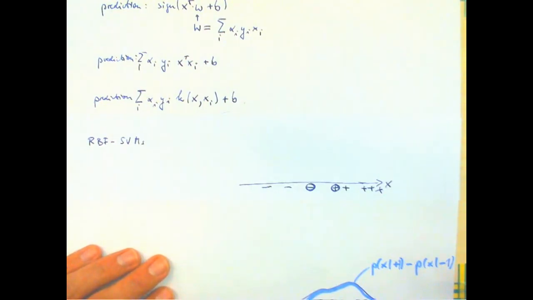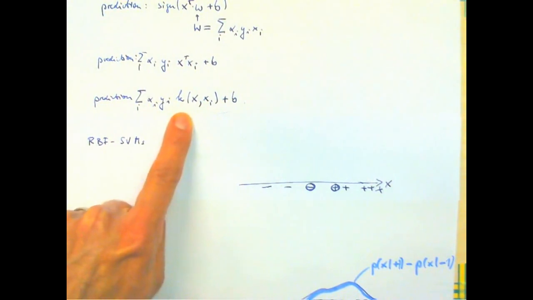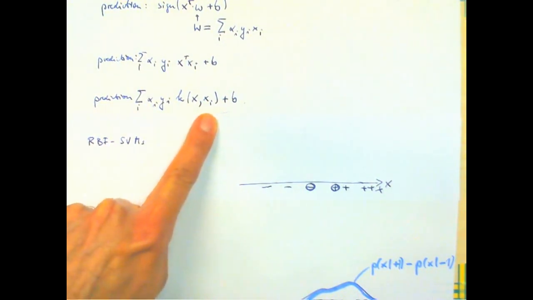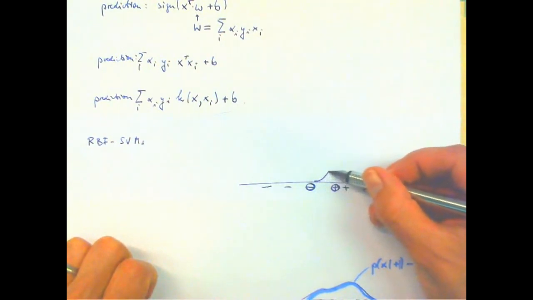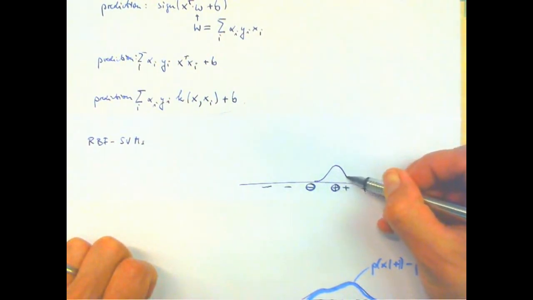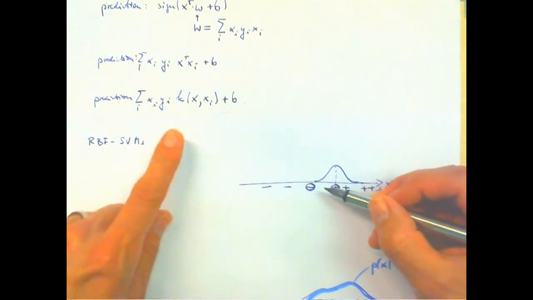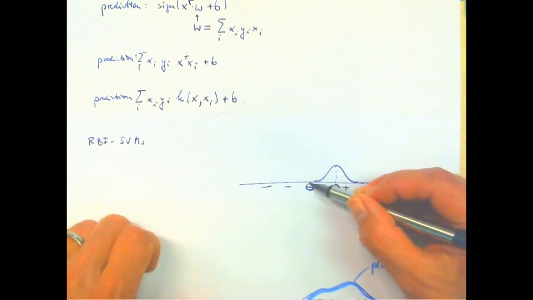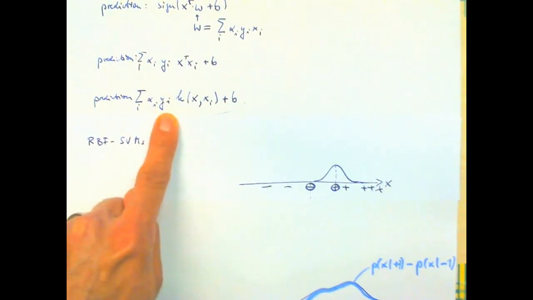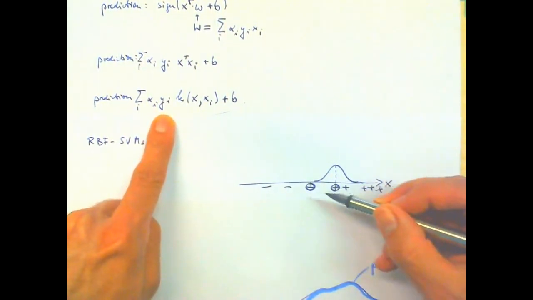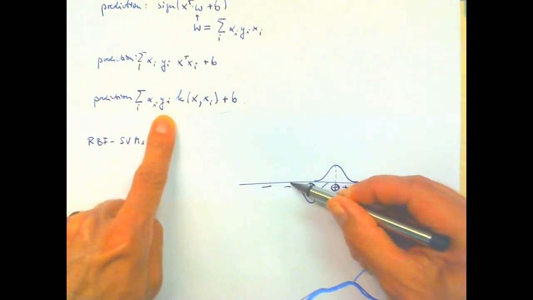And well, these kernels are now Gaussians that are centered at the support vectors. So I would center one Gaussian on this support vector here, and I would center another Gaussian on that support vector there. And because I'm multiplying here with the sign, which is +1 for the positive class and -1 for the negative class, I obtain another Gaussian here.